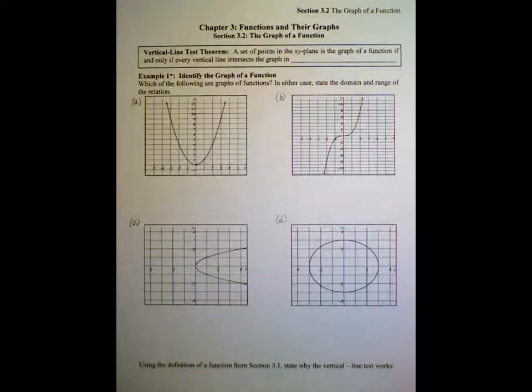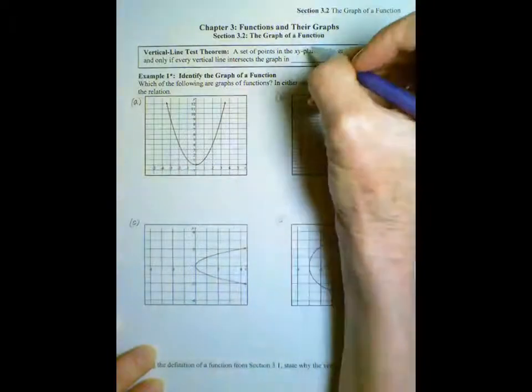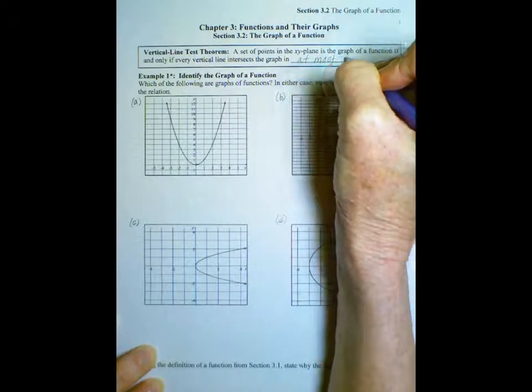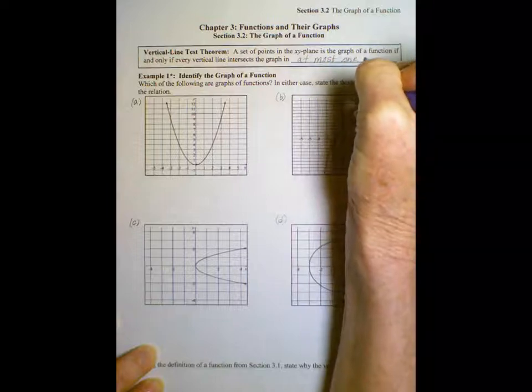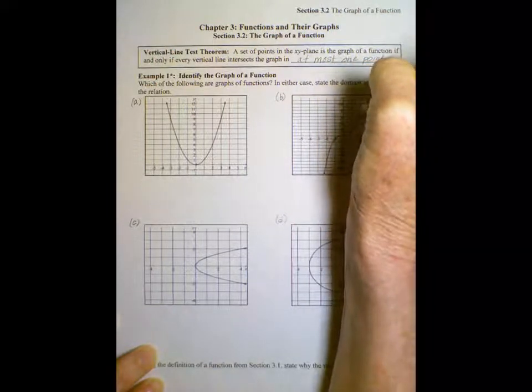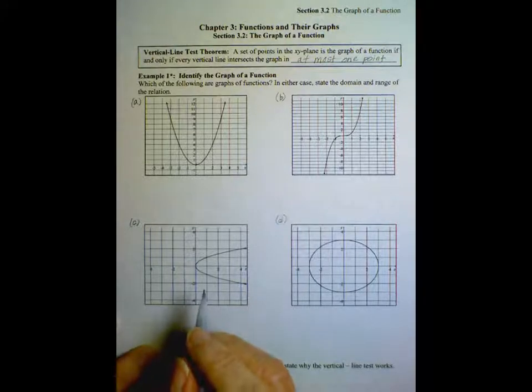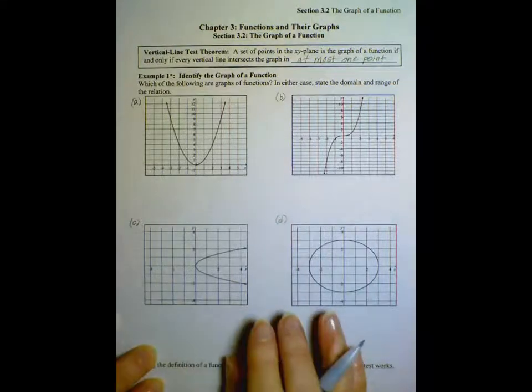And the vertical line test theorem says that a set of points in the xy plane is the graph of a function if and only if every vertical line intersects the graph in, at most, one point. So every vertical line you could draw can cross it 0 times or 1 time, but the most is once.